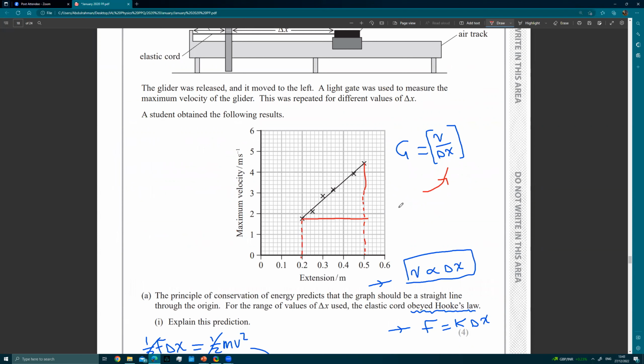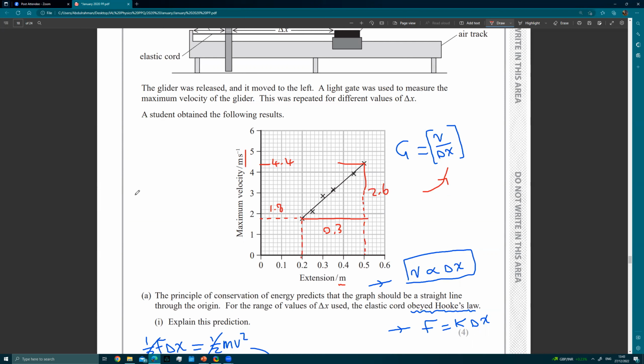It's in meters already, so I don't have to convert. And this is in meters per second, so I don't have to convert. And this goes from, let's say, 4.4 to around 1.8. So 4.4 minus 1.8 is 2.6, meaning the gradient is 2.6 over 0.3.